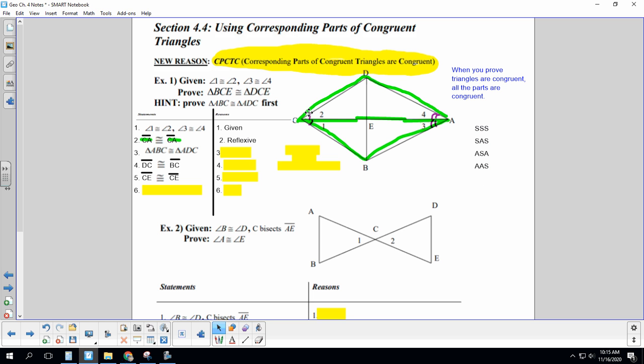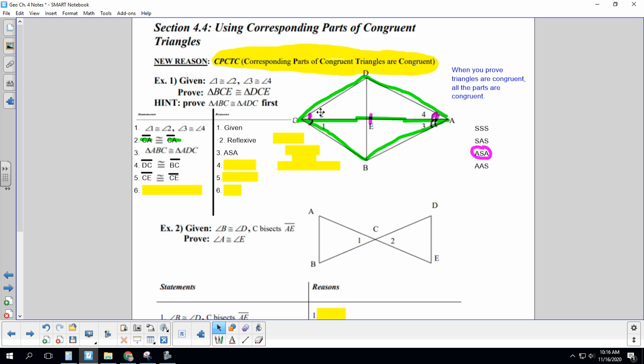So we have an angle, we have this angle here, we have the side, and then we have another angle. And the side is in between the two angles. So it is going to be angle, side, angle. The big green guys are congruent by angle, side, angle.